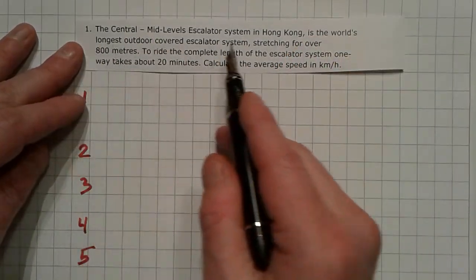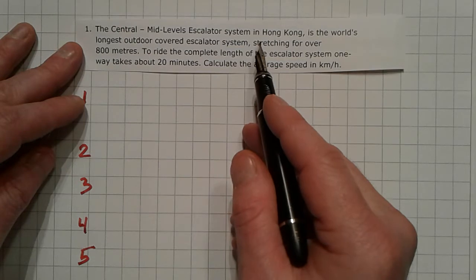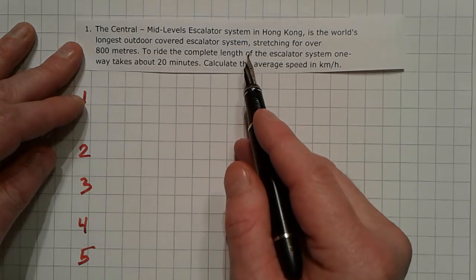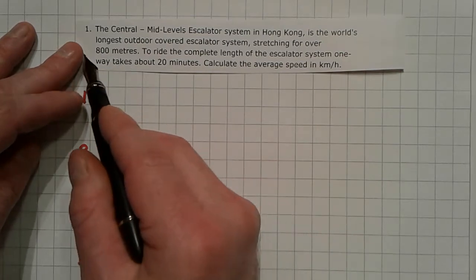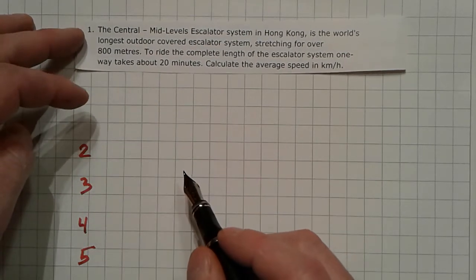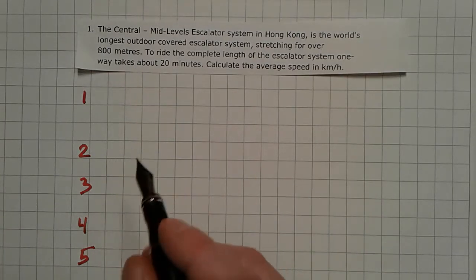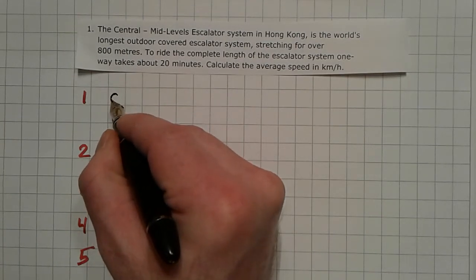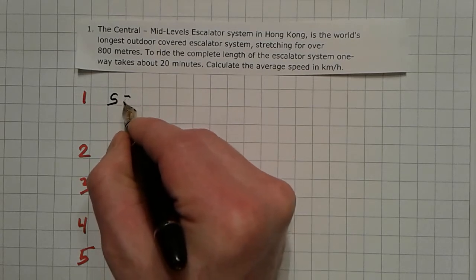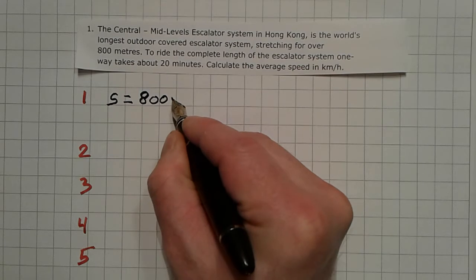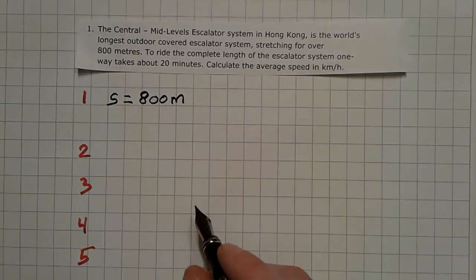So we go through the question. The central mid-levels escalator system in Hong Kong is world's longest outdoor covered escalator system, stretching for over 800 meters. Okay, that's what we have to know, 800 meters. Meters, that is a distance, so we write down S for distance equals 800 meter.